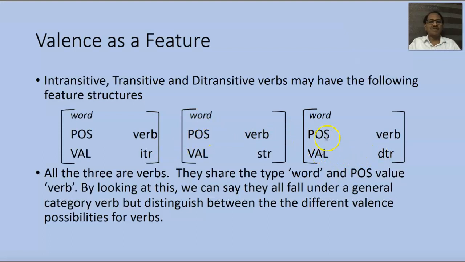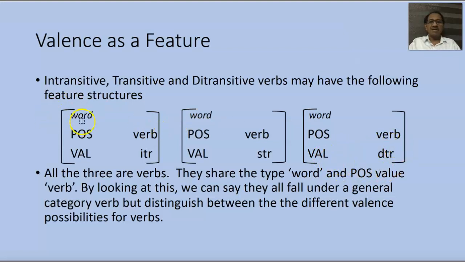So three different feature structures for three different subtypes of verbs. Right? That is, intransitive verbs have intransitive value, transitive verbs have strict transitive value, and ditransitive verbs have ditransitive valence.